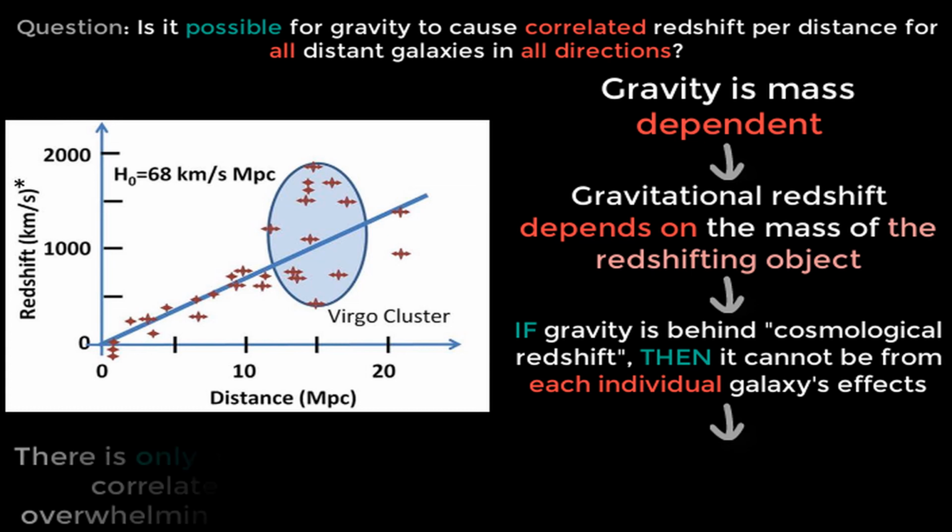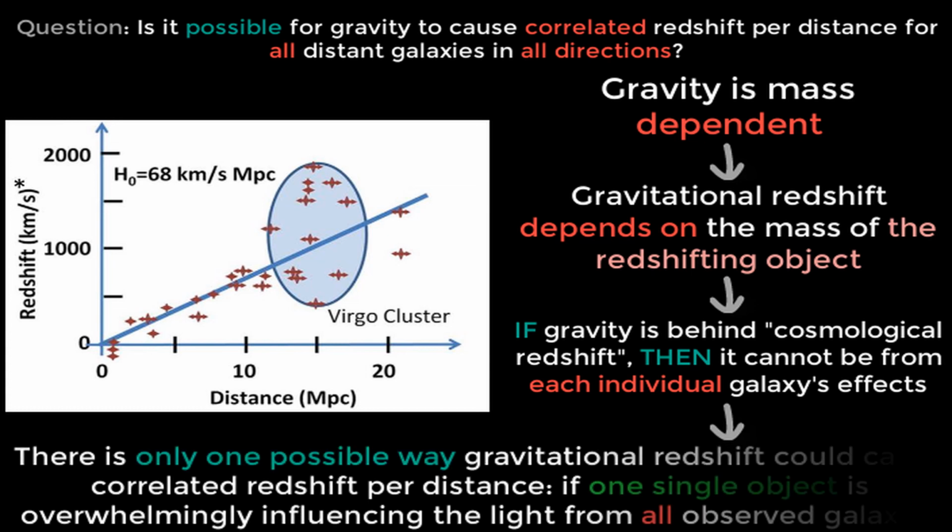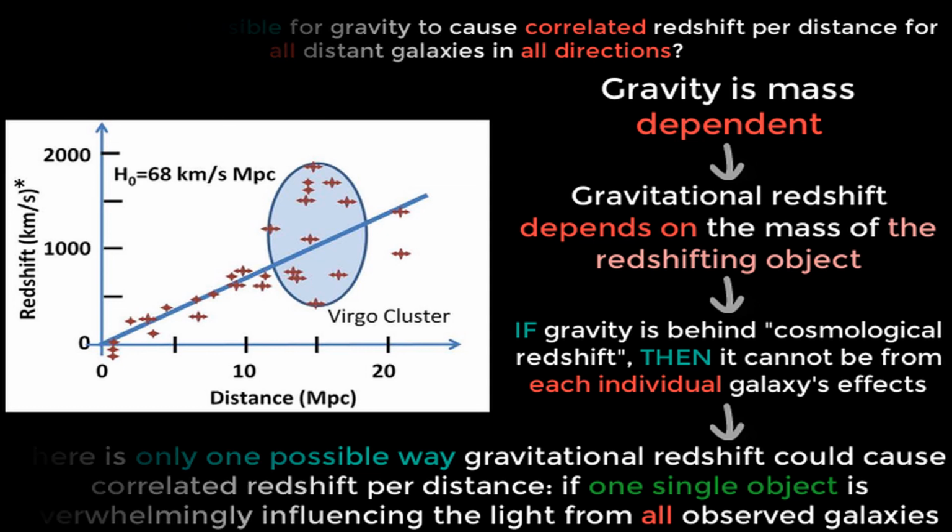This means that there is only one possible way gravitational redshift could cause correlated redshift per distance: if one single object is overwhelmingly influencing the light from all observed galaxies. Could this be?